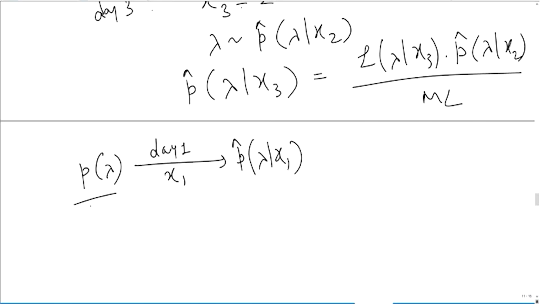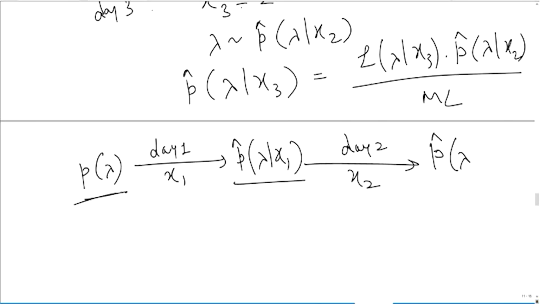Okay. So, your prior belief before seeing day 1 data changes to a posterior after seeing day 1 data, right. So, this is your new information about lambda. Okay. And this acts as prior for making inference about day 2 data. Okay. So, for day 2 you observe data x2. So, your new prior after day 2 data will become lambda given x2. So, basically you are updating your belief about lambda iteratively as you collect more and more data.